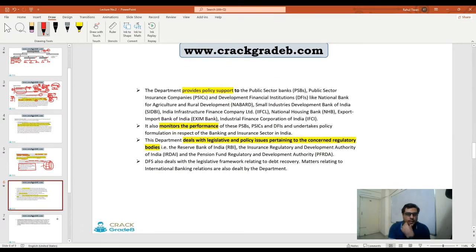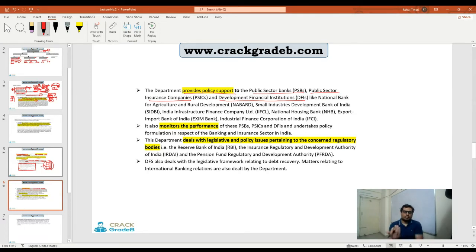Right. So apart from this, this department also provides policy support to public sector banks and public sector insurance companies. Apart from that, they are also providing support to DFIs, development and financial institutions in India.